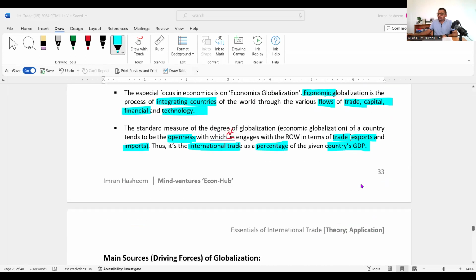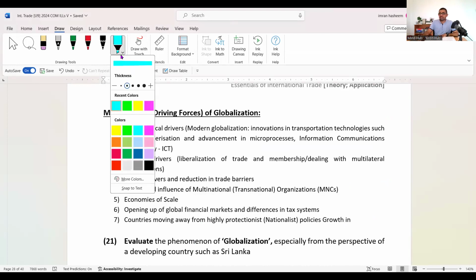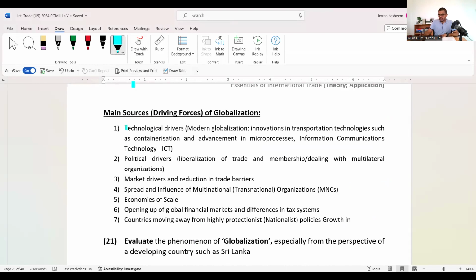Right. Sources of driving forces, or sources of globalization. Right? So get used to that term driving forces because it could be asked that way. Technology, obviously, right? One of the biggest driving forces of globalization is technological drivers. Modern globalization, innovations, transportation technologies, not only ICT, right?